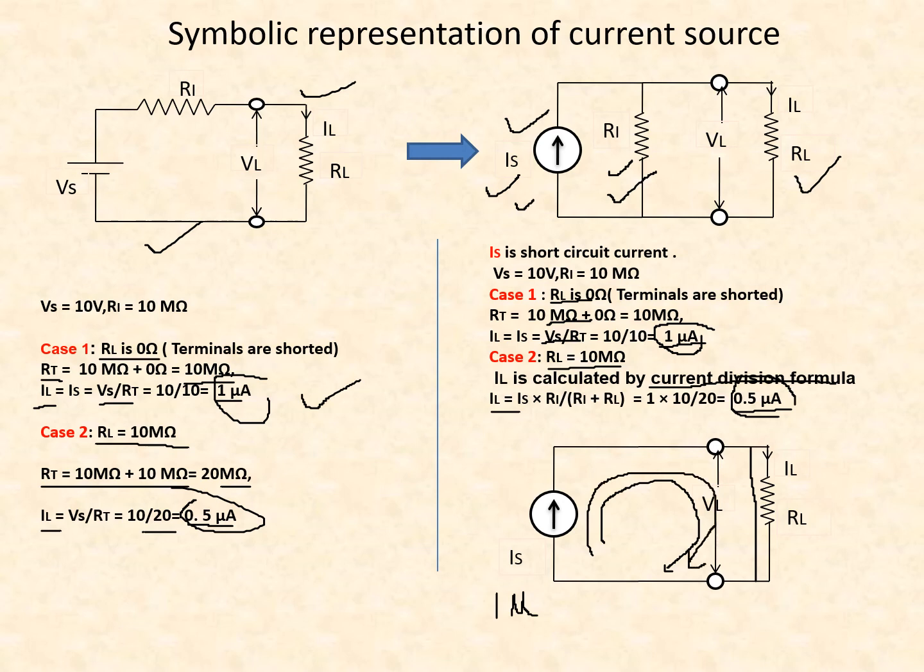That means when RL is shorted, the loop current remains 1 microampere. When RL is 10 mega ohms, again current remains same as 1 microampere. So my condition is not satisfied. So I have to connect Ri in parallel with this source Is.